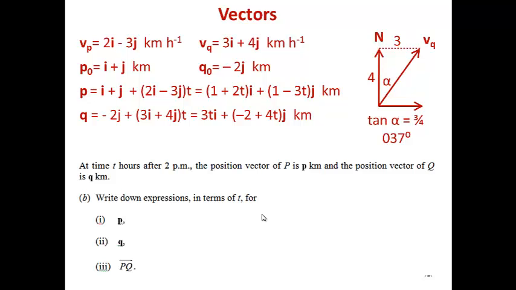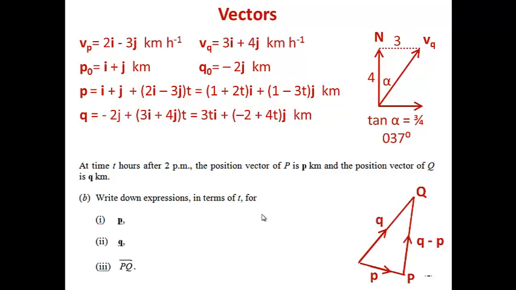Part 3. We're also asked to write down an expression for PQ. Before we do that, let's just recall.